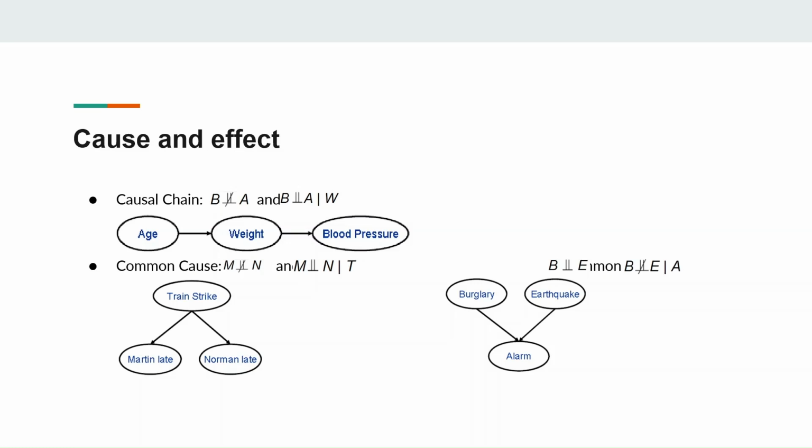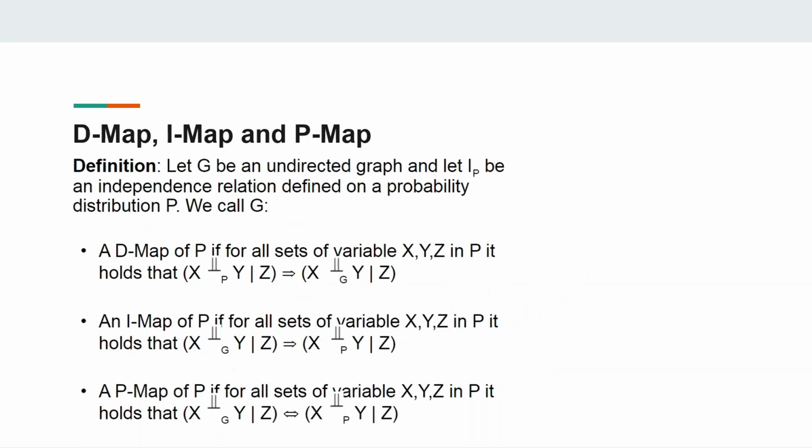Now, let's take the opposite case. Let's say we don't live in that world, we live in our world where there isn't a correlation between burglary and earthquake, right? Now, if my model said that burglary and earthquake are dependent, then it wouldn't be a DMAP, right? Because I marked something as dependent, which in reality is independent.